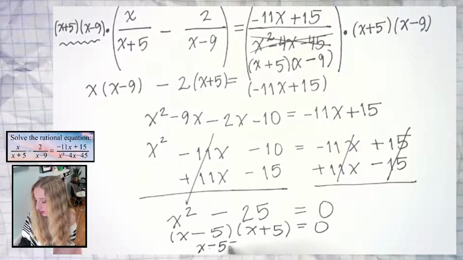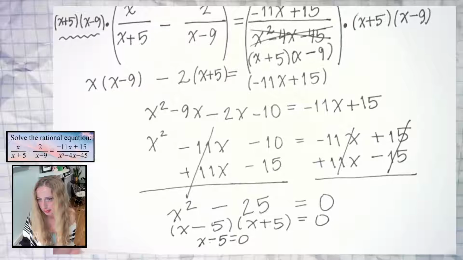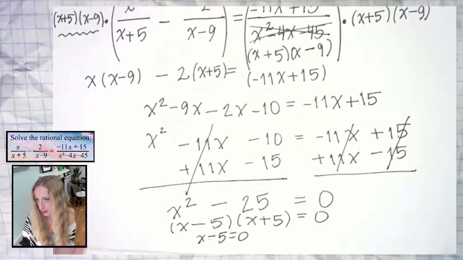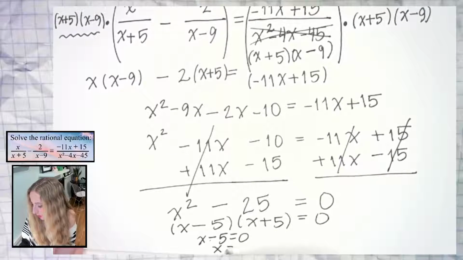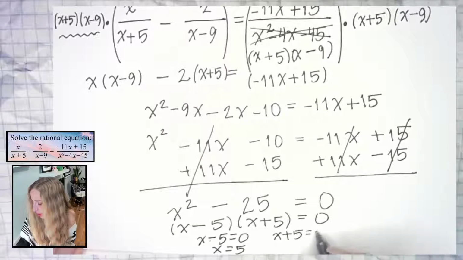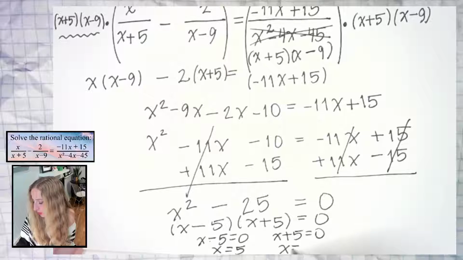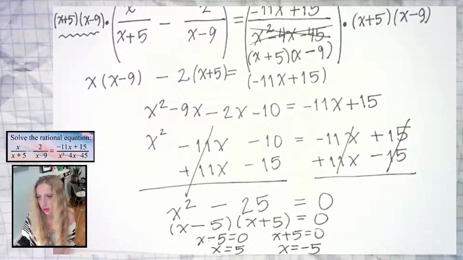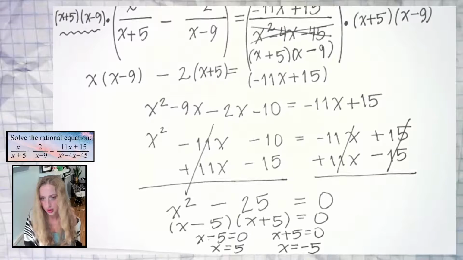X minus 5 equals 0, and that means x equals 5, and x plus 5 equals 0, which means x is equal to negative 5. So we got these two answers.